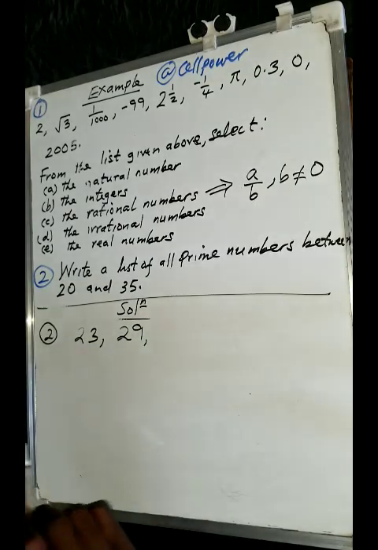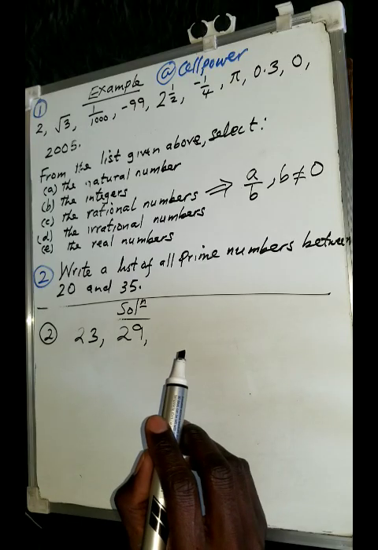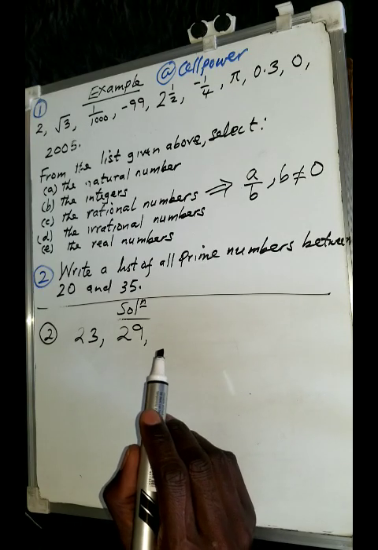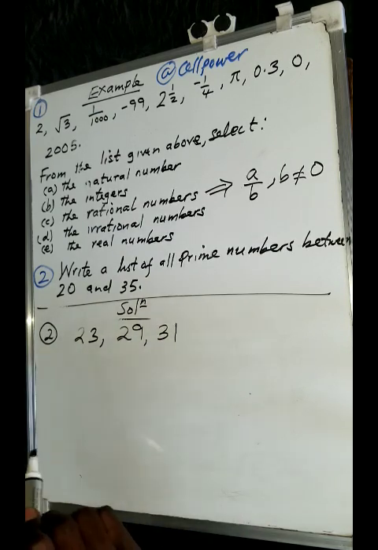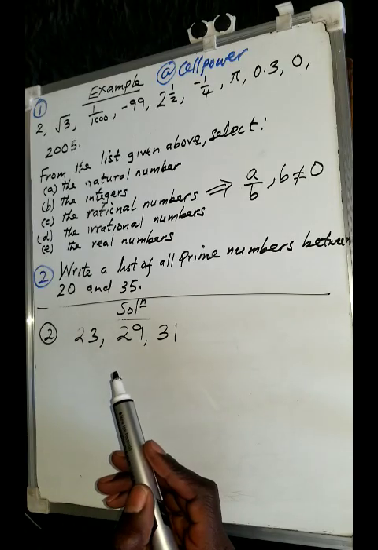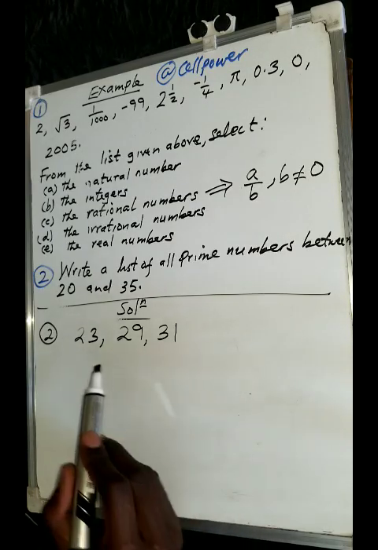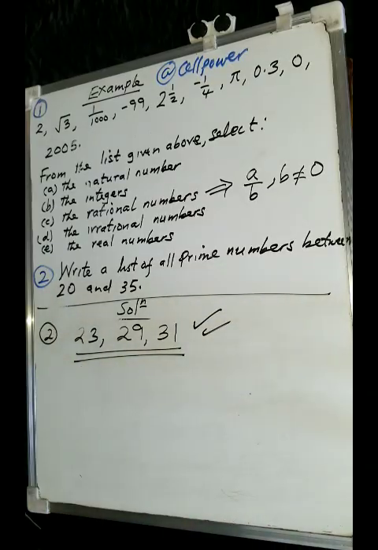Only 1 and itself can go into it. 28, 27, no. 28, no. 29, yes. 30, no. 31, yes, it's actually a prime number. Any other numbers? No. 32, no. 33, no. 34, no. 35, no. So these are the only prime numbers between 20 and 35.